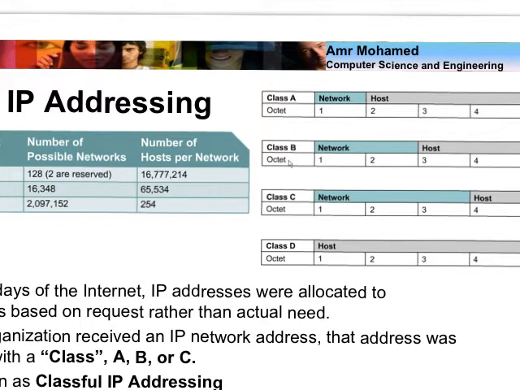There is no network part and host part. For multicast, it has a special way of routing which does not actually depend on any subnet mask. So it's a direct routing. You don't have to divide the address into host and network.